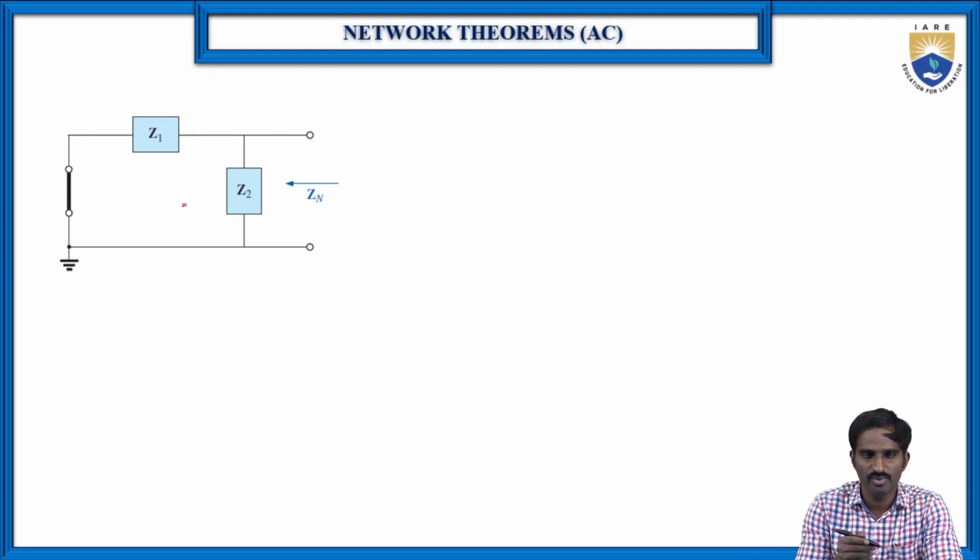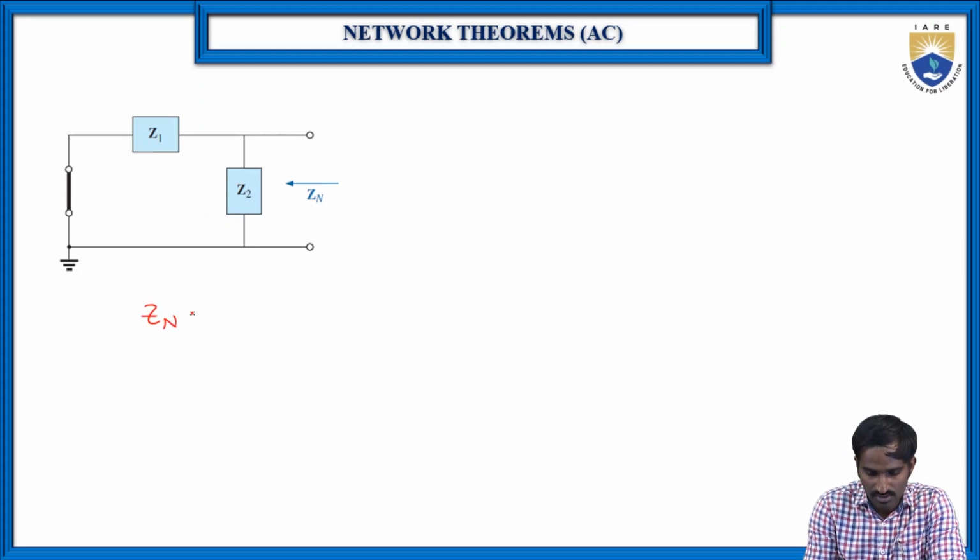Here it is very simple, because the circuit is very simple. As you can see, Z1 and Z2 are in parallel. So ZN is equal to Z1 Z2 by Z1 plus Z2.